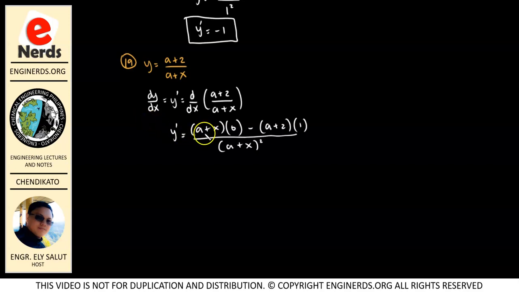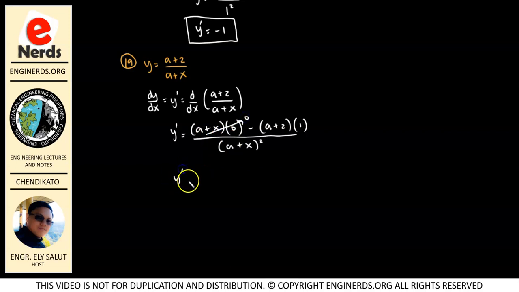So this will be cancelled out. So a plus x times 0 is equal to 0, no?